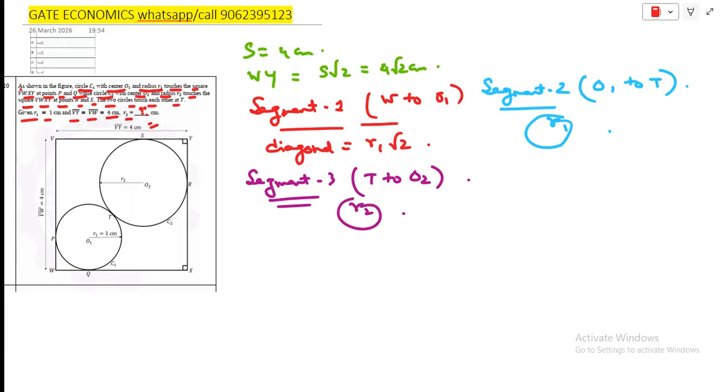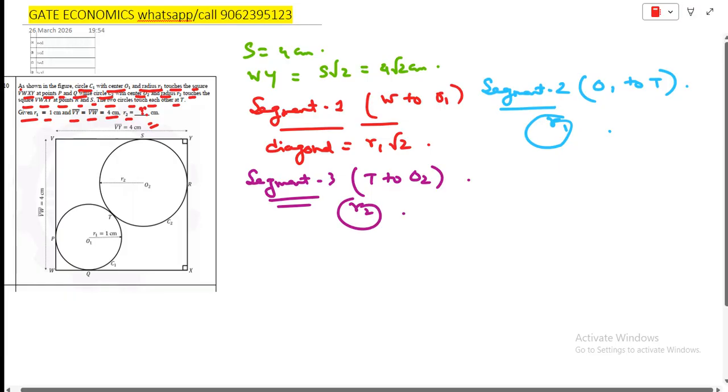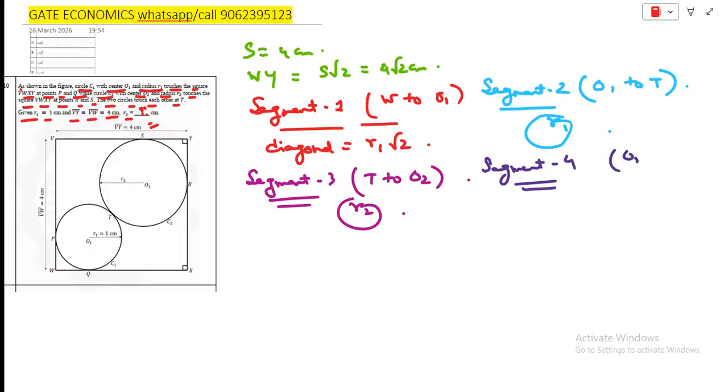Now it's turn for segment number 4. It's O2 to Y. Okay, similar to the first segment, this is the distance from the center O2 to the corner Y. So it's the diagonal of the square with the sides R2, so it's R2 root 2.